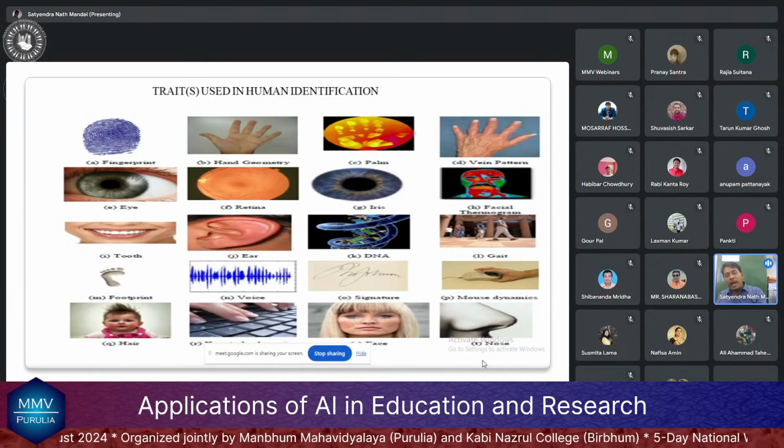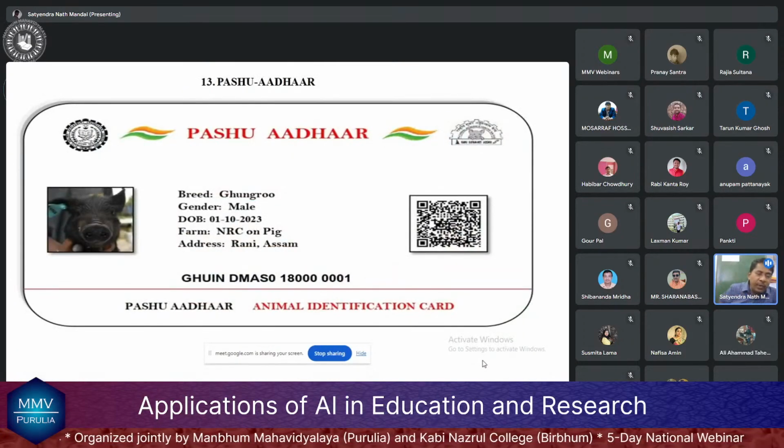Now, what will happen if we want to develop the Aadhaar card of an animal? Because there is no insurance of an animal, only the Bajaj insurance there, but farmers are not getting so much.